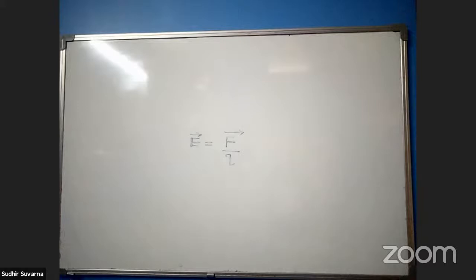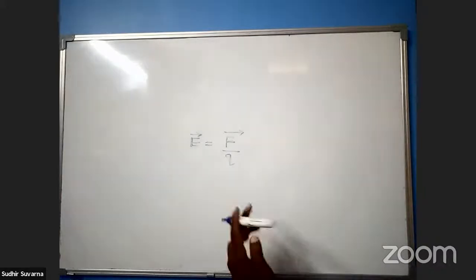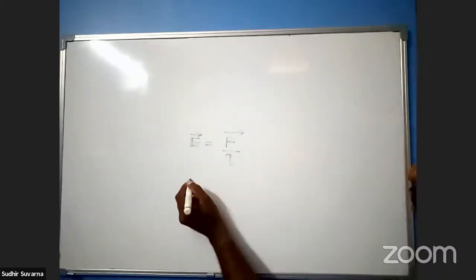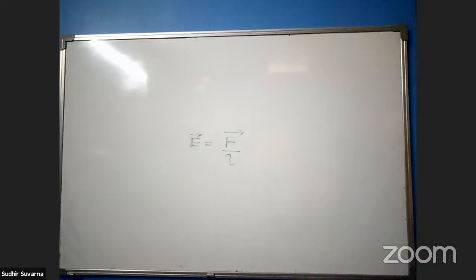Okay. So see what I have written here: E bar is equal to F bar upon Q. Now, test charge means it should be very small, so we use an expression.